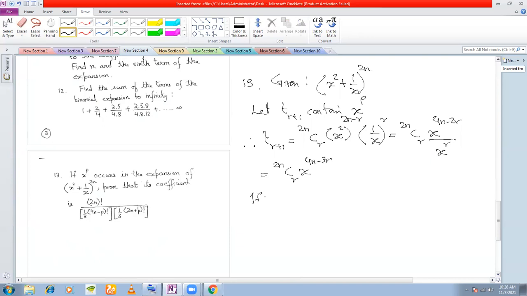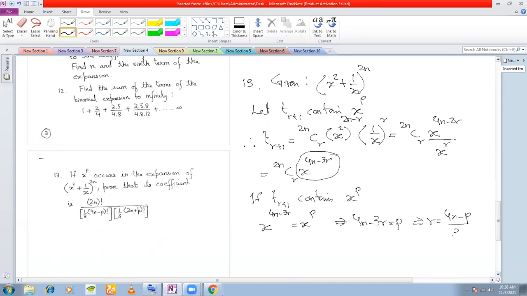So if tr plus 1 contains x to the power of p, that means this term here must be x to the power of p. So x to the power of 4n minus 3r must be x to the power of p. That means 4n minus 3r is equal to p, and therefore you get r is equal to 4n minus p by 3, right?